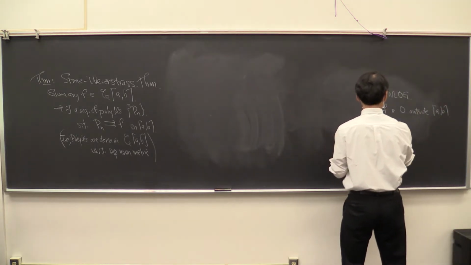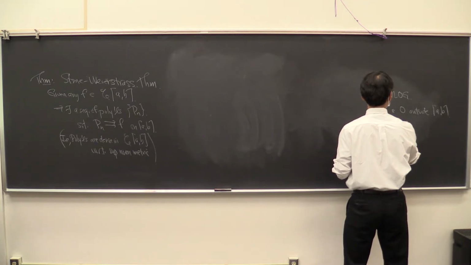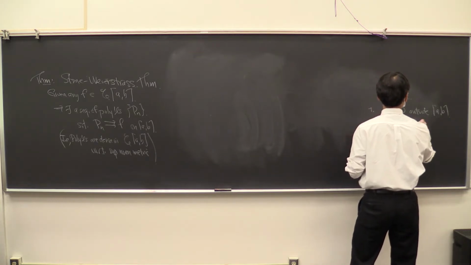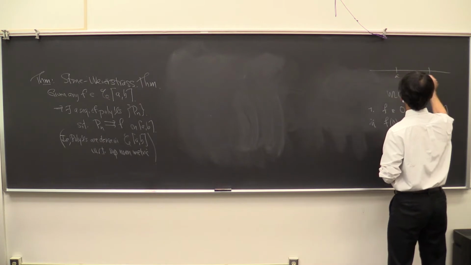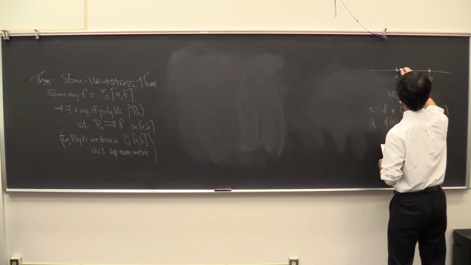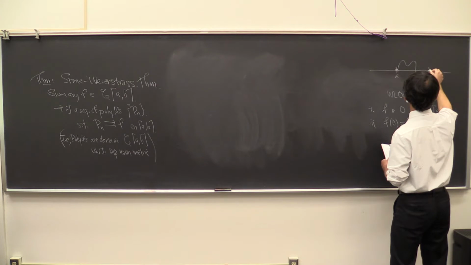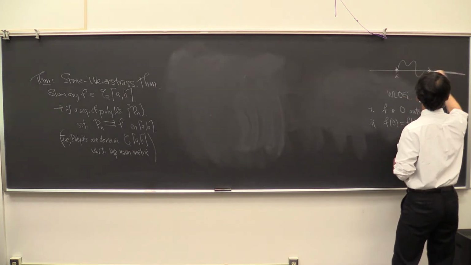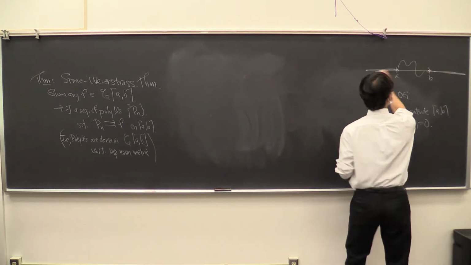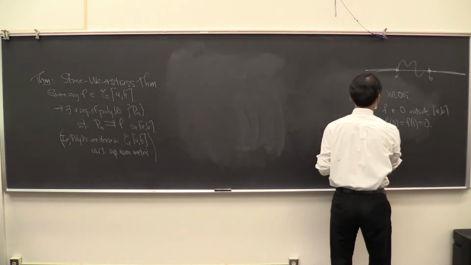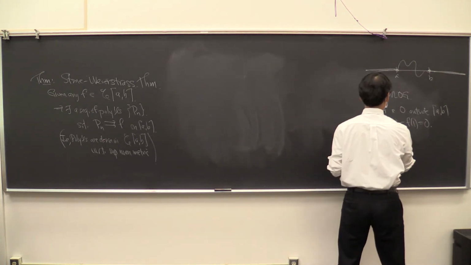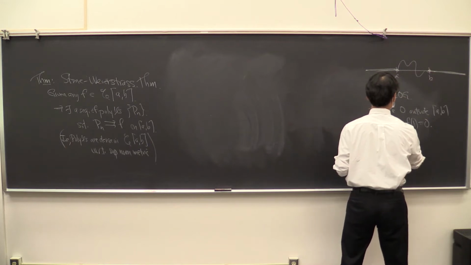We're also going to assume that its values at the endpoints are 0. So you've got this function on [a, b], and it goes something like this, right? You've got some continuous function, and we just extend it to the rest of the real line by making it 0 outside of the interval. And the third thing we're going to do is assume that [a, b] is actually [0, 1].